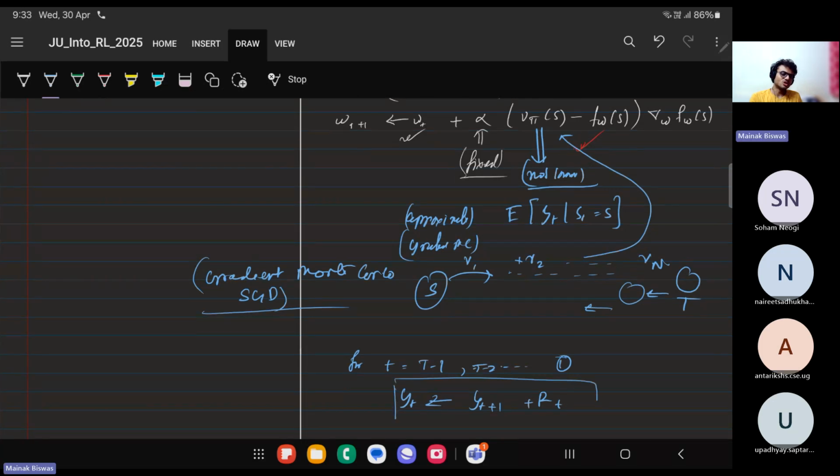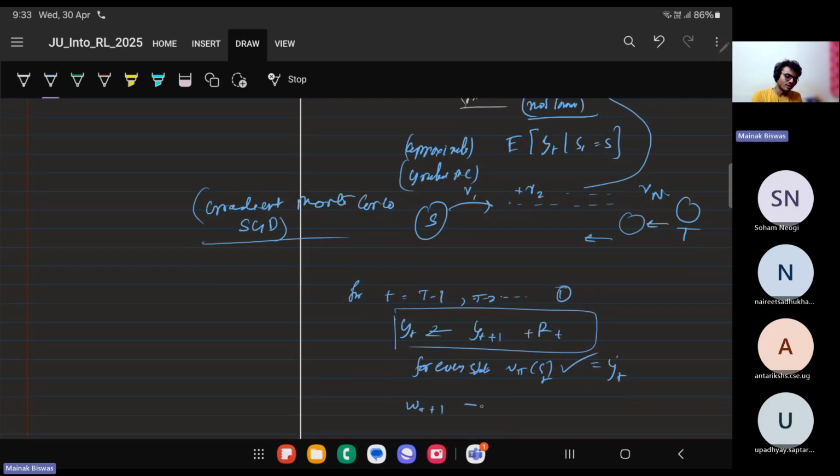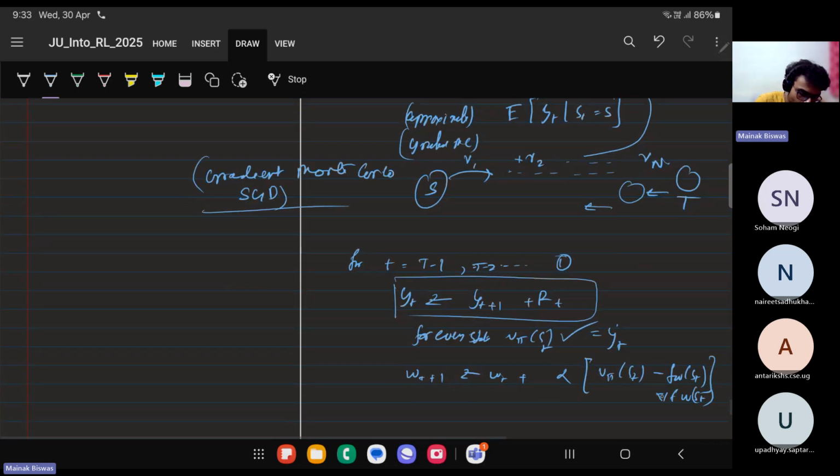We will get this G_t, and then for every state I will get V_pi of s, which is basically this G_t. And then I will just update W_{t+1} as W_t plus alpha times V_pi of S_t minus f_W of S_t, into the gradient of f of S_t. This is all you need to do as the update. Fine. This is the DP.